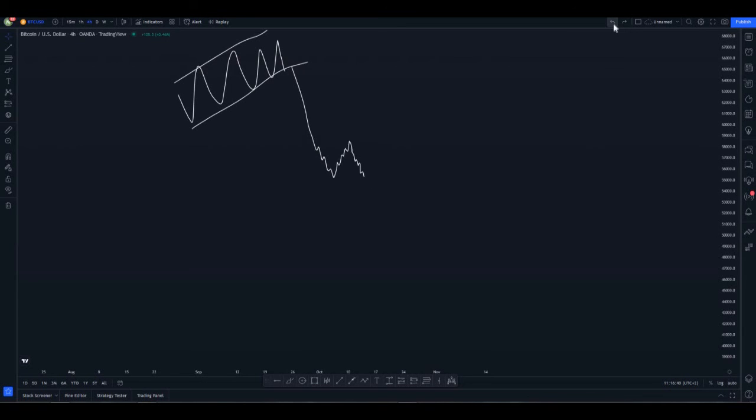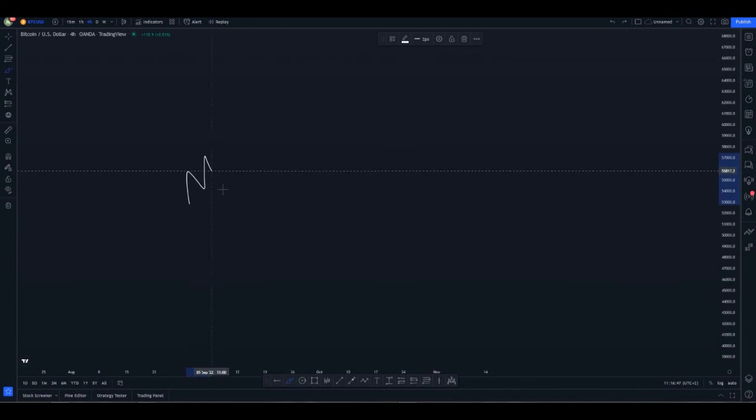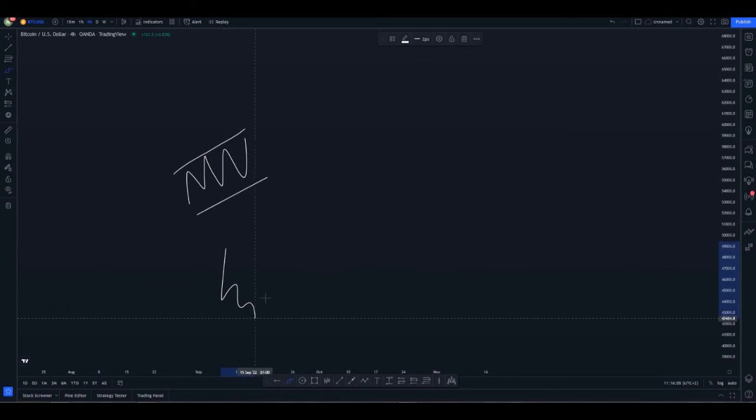It can either be this one, the structural reversal, or the bearish reversal, but it has to have structure to it. I'm just drawing it out, it's not perfect. Then it's this, the corrective continuation.